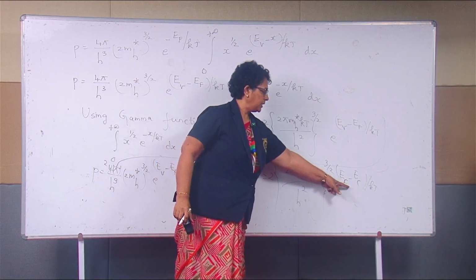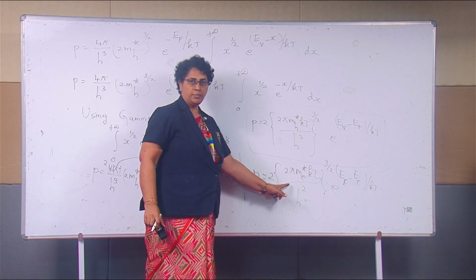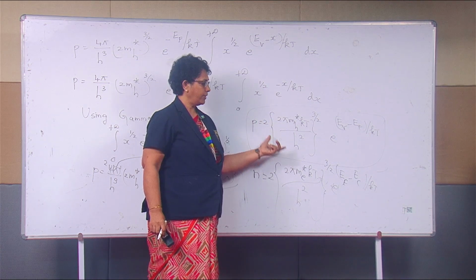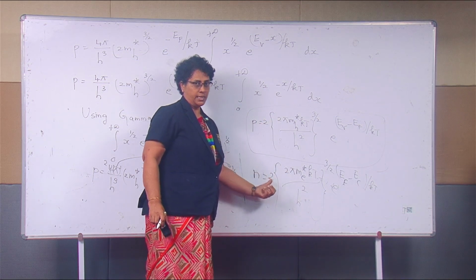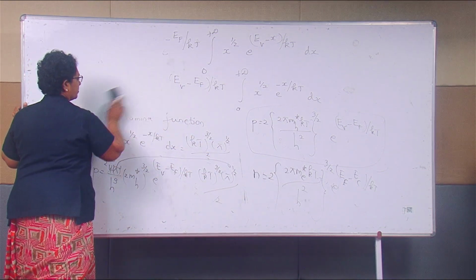Here EV minus EF, mh star, and there it is me star. These are the two differences between the number of holes in the valence band and the number of electrons in the conduction band. Now we can see the third one, the intrinsic semiconductor, by clubbing both.